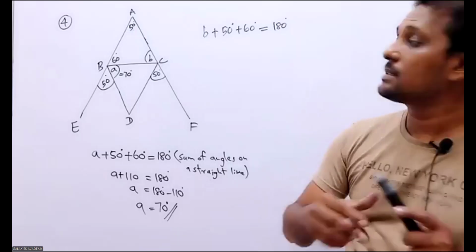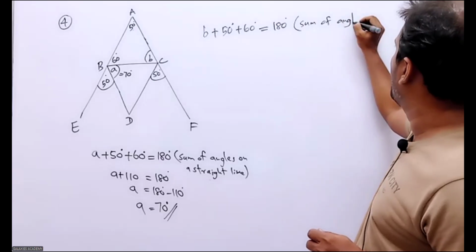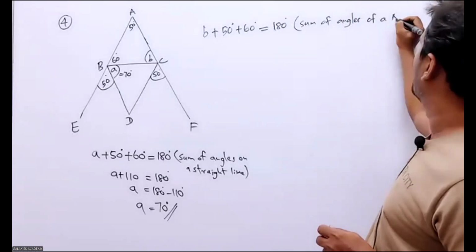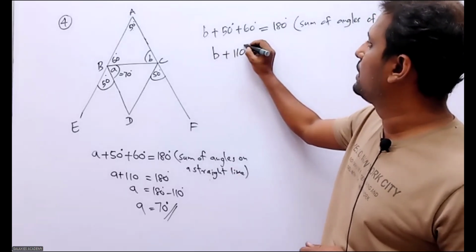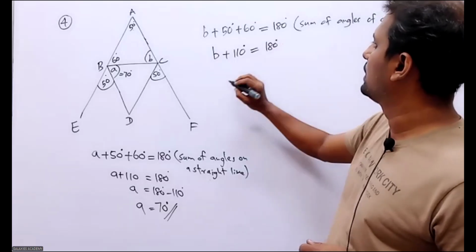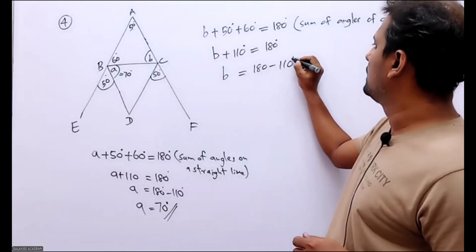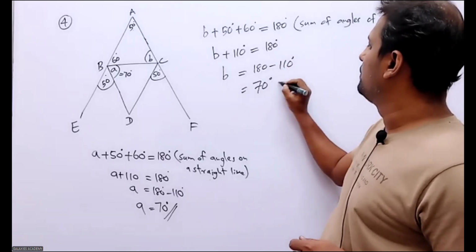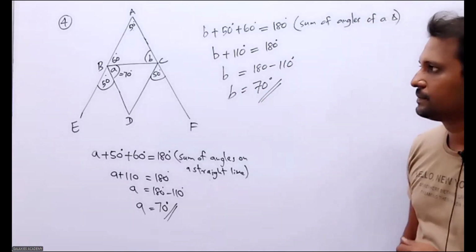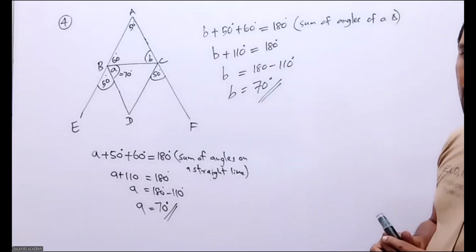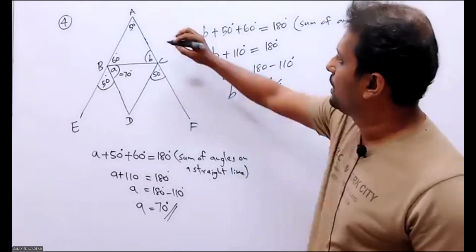The reason is sum of angles of a triangle, right? Then B plus 110 equals 180. B equals, this one goes to the other side, minus 110. So B is equal to 70, right? B is 70. Okay, first you have to find A and B separately, right? This one 70.